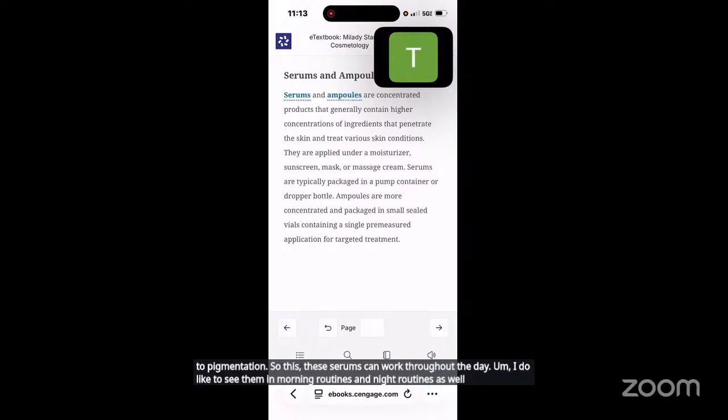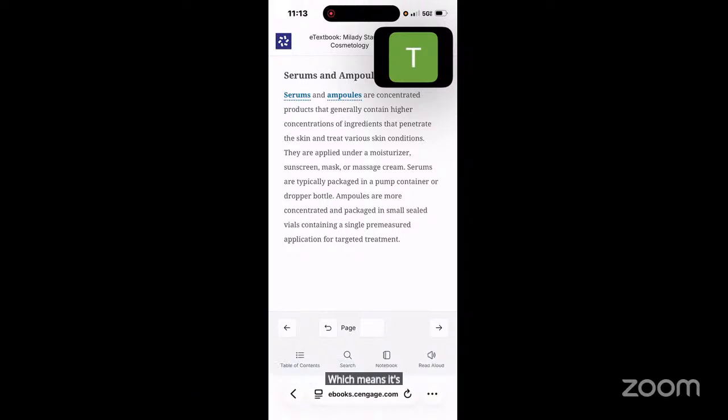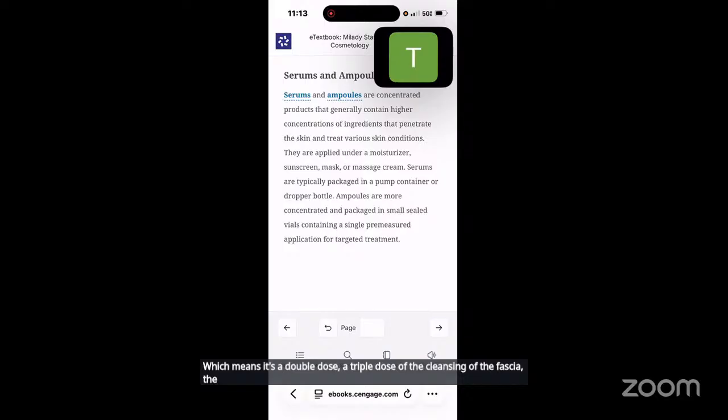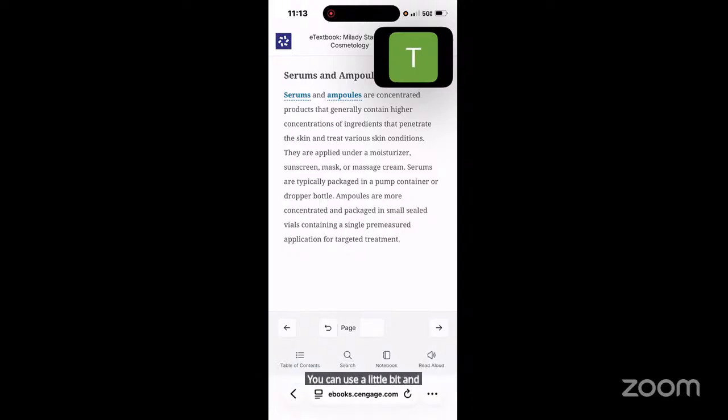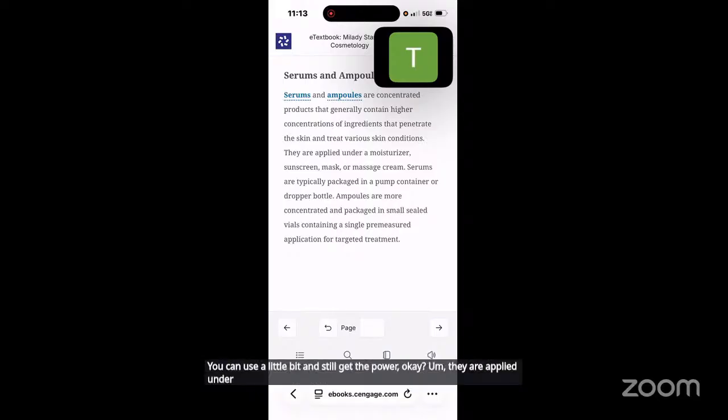They have a higher concentration of products, which means it's a double dose, a triple dose. The facial cleansing is just average, but the serums really carry the punch to treat those things that are going on with the skin. Okay, so it's a concentrated dose. That means you don't use a lot. You can use a little bit and still get the power. Okay. They are applied under a moisturizer.